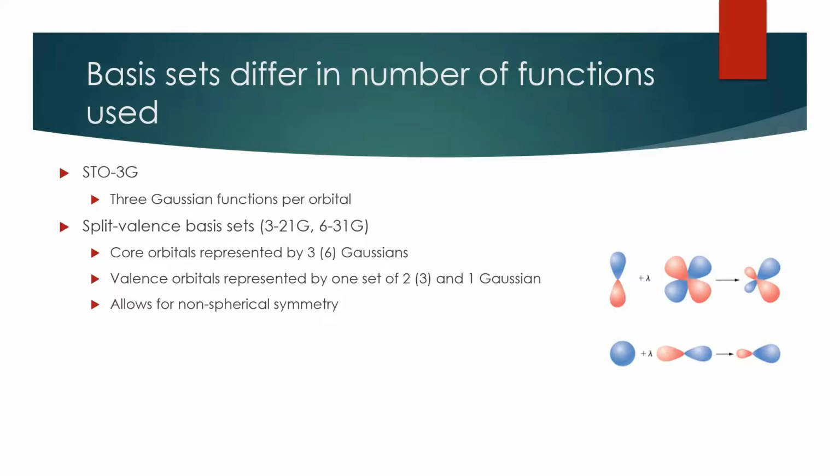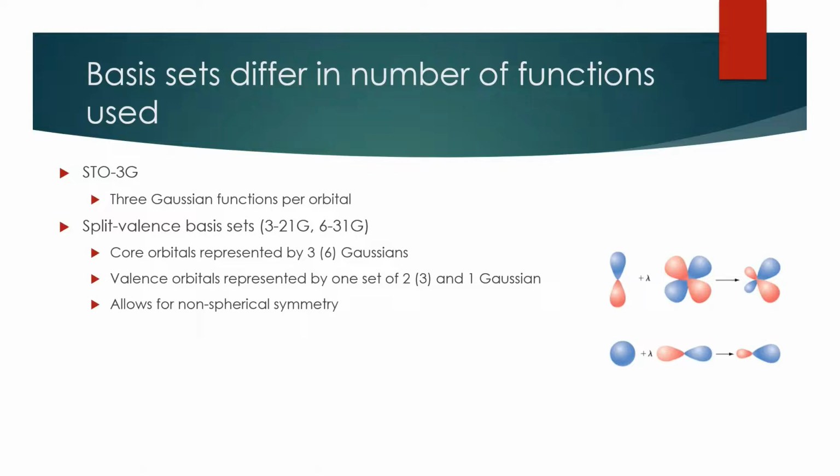So we have one set of 2 or 3, and then a different set of 1. And what this does is it allows the valence orbitals to be described asymmetrically. We don't just have one set of p orbitals, but we have 2 different sets of p orbitals with either 2 or 3 and then 1 Gaussian function, which breaks that spherical symmetry up a little bit.